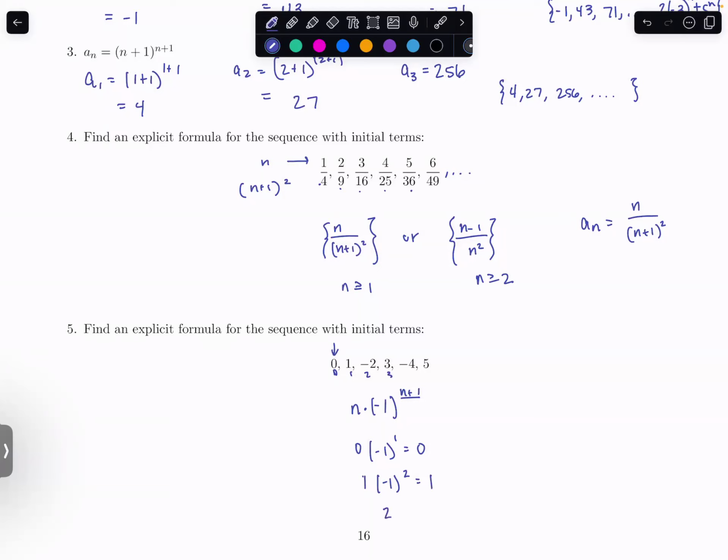If we do 2 times -1 to the third, that would be -2. Okay, so this works. So your sequence here is n times -1 to the n plus 1, starting at n equals 0.